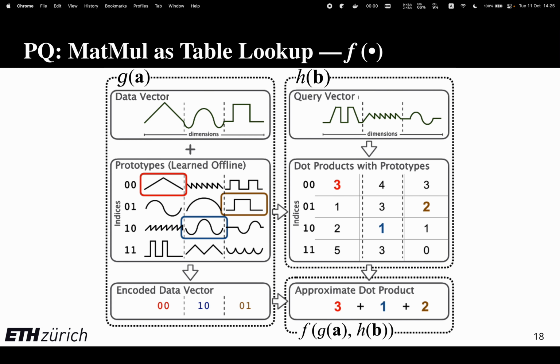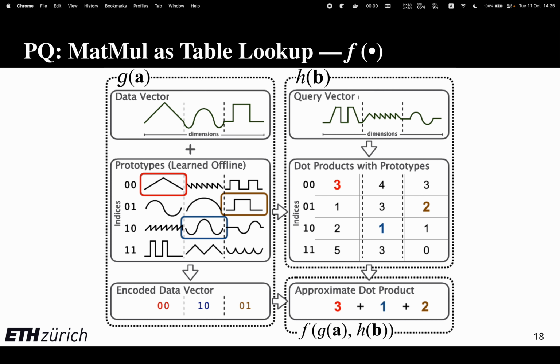We have a set of indices, and we also have a table of dot products. So we take the indices, look up the table, note down the results, and use the aggregation function f to get the final result. So this process requires no multiply-add operation.